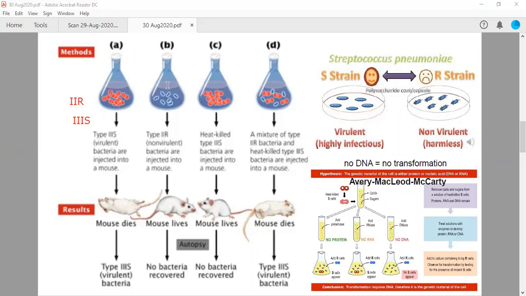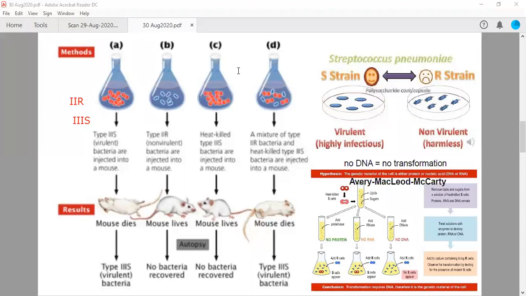They are rough and non-virulent. If you inject them into mice, nothing will happen and the mice will survive. If you do an autopsy, even the bacteria are not recovered, because the immune system removes all the bacteria from the body.